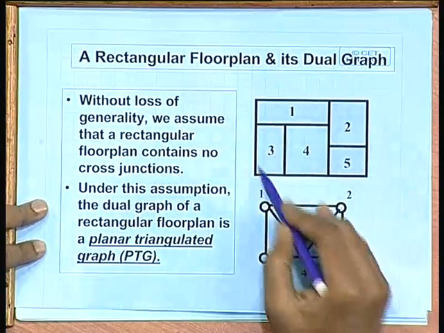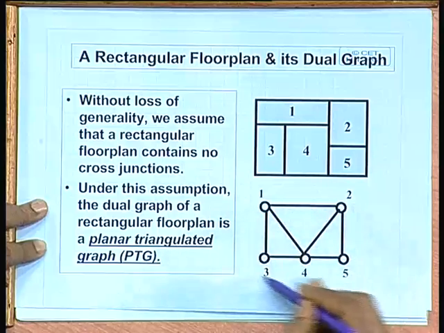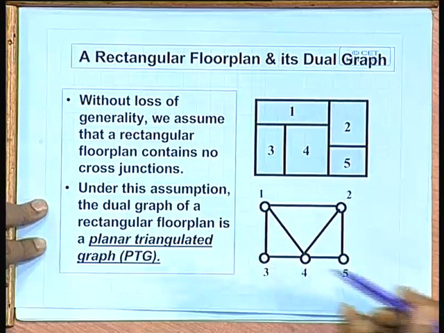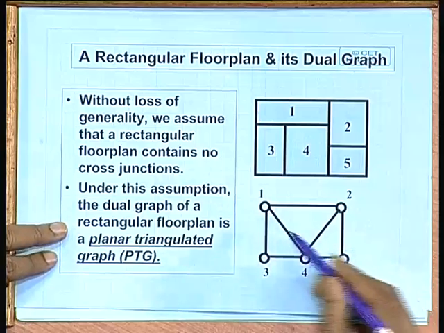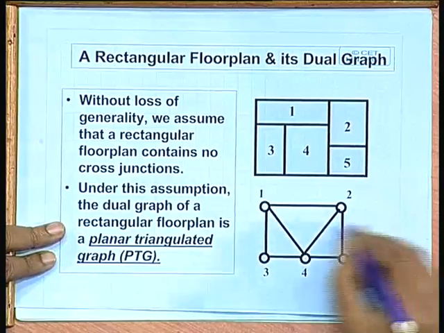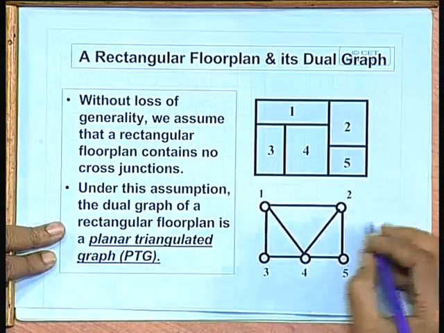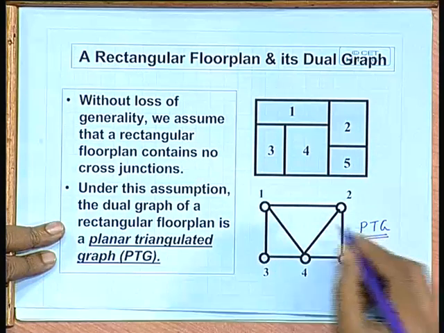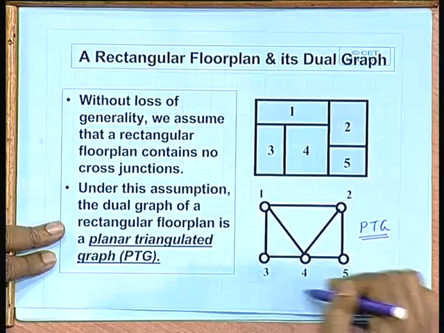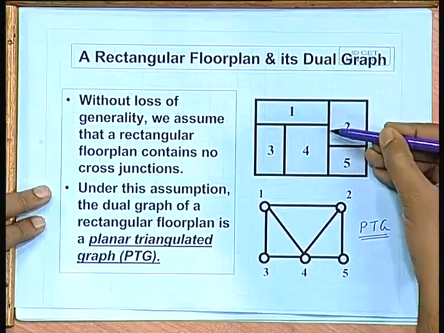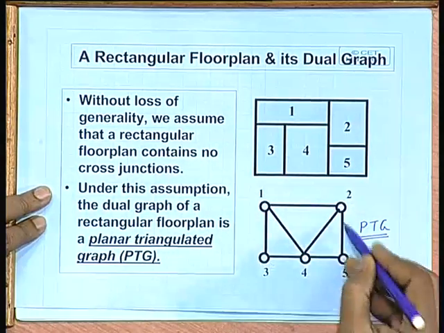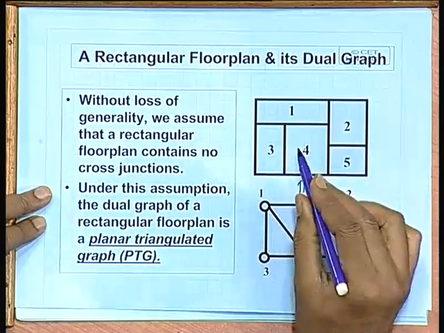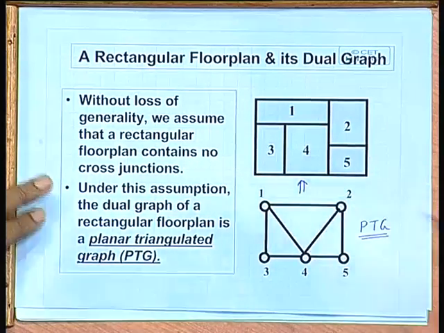Suppose I have a floor plan like this, and this is the so-called partition graph, or you can say the planar triangulated graph, also called PTG. This is essentially the partition graph, which I have shown after this, but actually this is the starting point, and from this we want to get the floor plan. But here I am showing the correspondence.